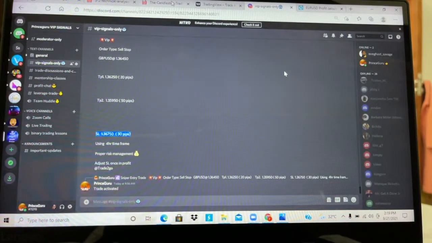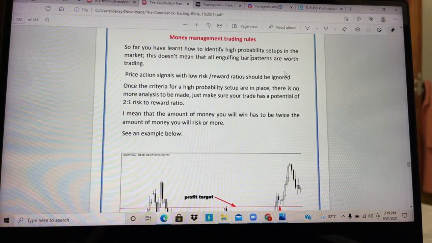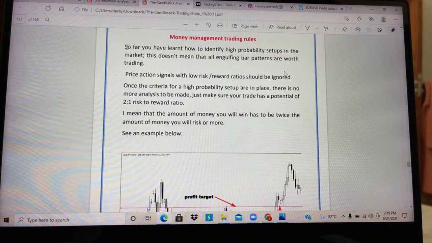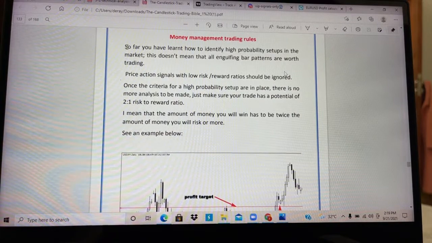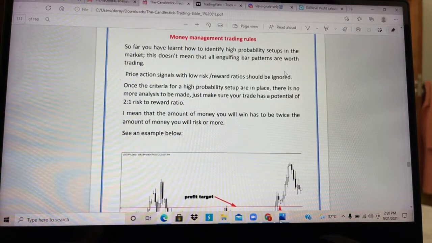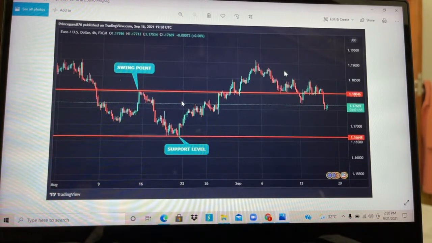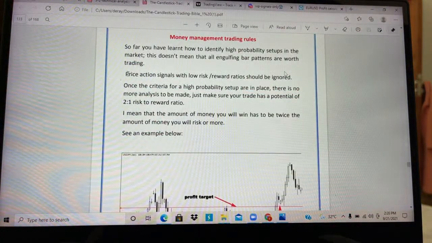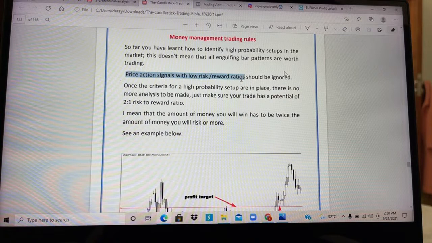Let me just get into a better picture. We have already done how to set up the trade, based on what patterns we're actually seeing on these charts. Now, as traders, there's something called the risk to reward ratio.